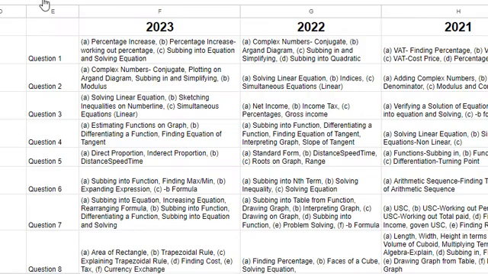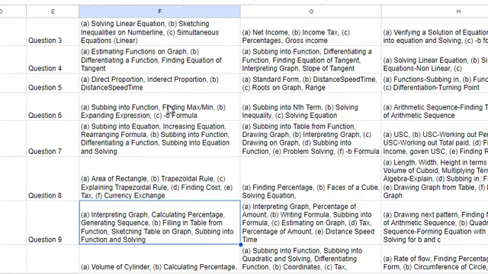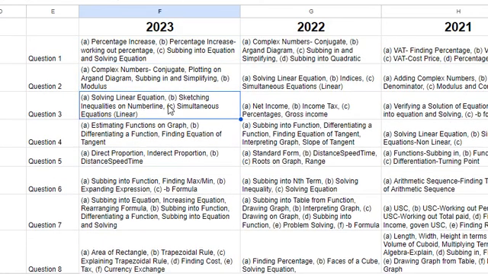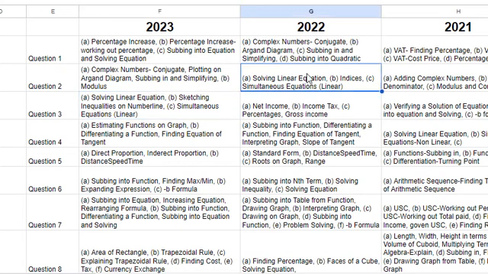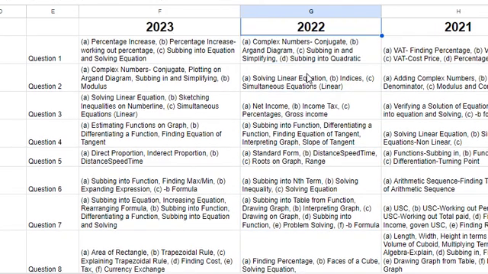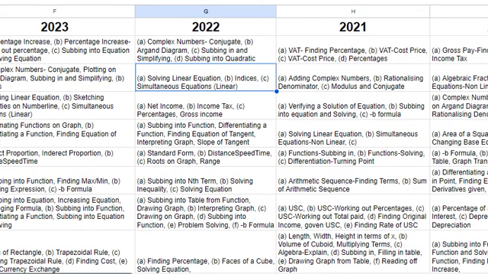Simultaneous equations come up in question 3 in 2023. Then in 2022 it comes up in question 2, part C as well. That was very similar to the one last year.